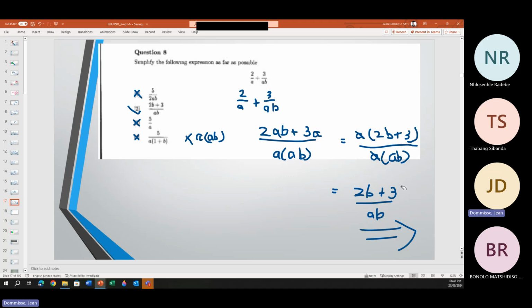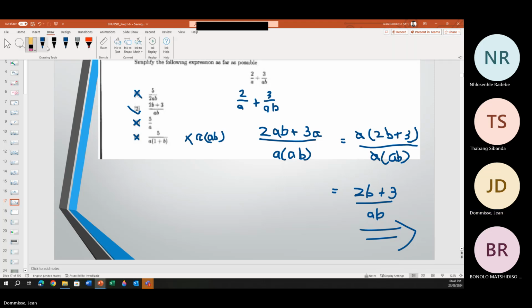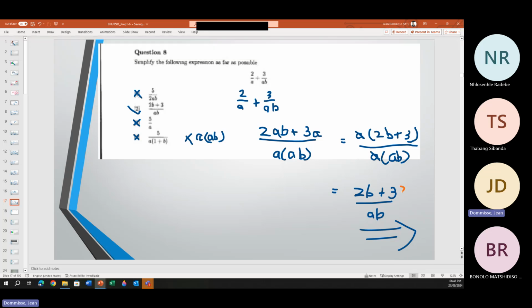If there was a B with a 3, then it would have been, yes, the B's can cancel out, and you would have been with 5 over A. But just because there is no B with the 3, you're not allowed to do that. So you still need to treat it as 2B plus 3, which is still two separate terms.